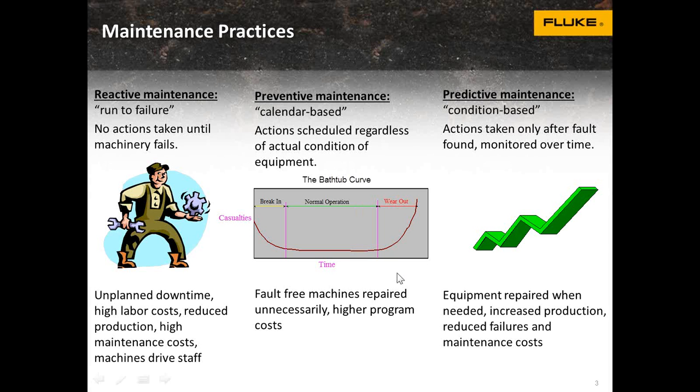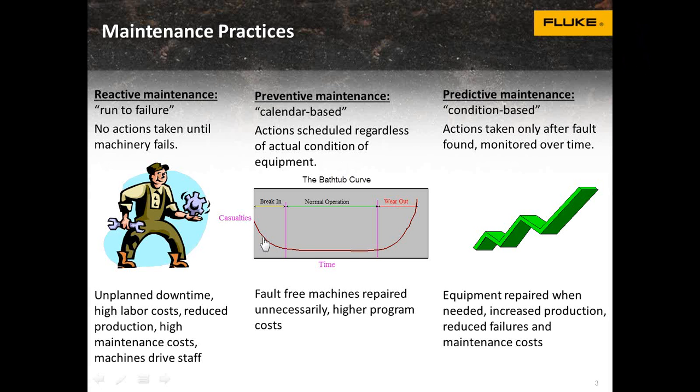As you see in this bathtub curve, which is machine casualty rate versus time, in the middle, in normal operation, the casualty rate is very low, and at the end of a machine's life it starts to wear out and then fail. The problem with calendar-based maintenance is we take a healthy machine in the middle of normal operation and overhaul it, and we put it into the break-in period where 25% of the machines will break down.